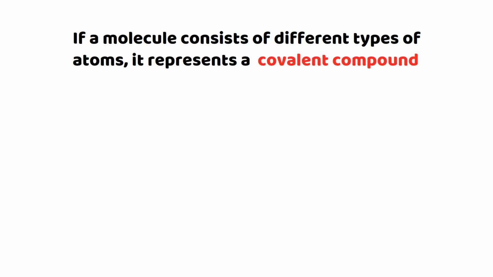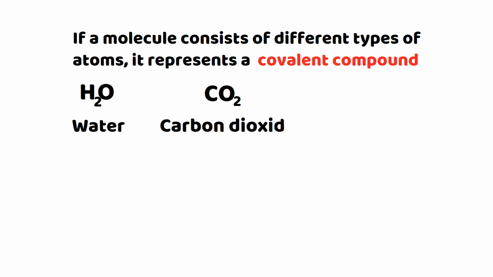Now, if a molecule consists of different types of atoms, it represents a covalent compound. For example, H2O is a molecule consisting 2 hydrogen atoms and 1 oxygen atom and represents water. Also, CO2 molecule representing carbon dioxide gas consists of 1 carbon atom and 2 oxygen atoms. Similarly, NH3 molecule representing ammonia gas consists of 1 nitrogen atom and 3 hydrogen atoms.